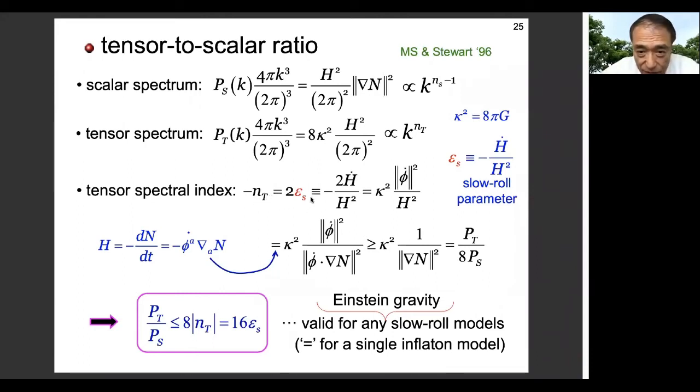Because epsilon is always positive and n_t is always negative, the tensor spectrum is always slightly red tilted. That is a very general result for Einstein gravity. Now, again, if you use the definition of N, which is H equals minus dN/dt, that is just the derivative of N multiplied by phi dot.